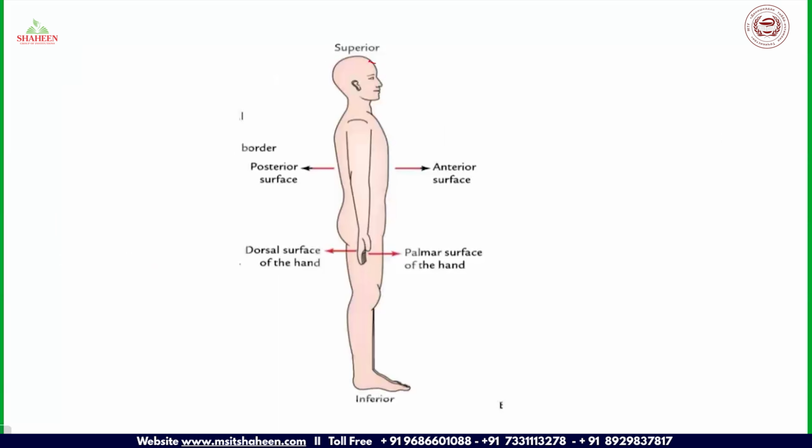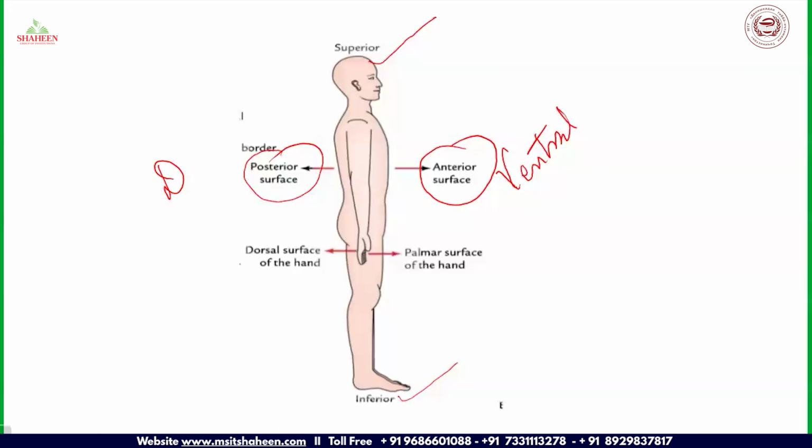This is the superior position, this is the inferior position, this is the anterior surface, and this is the posterior surface. Another term we use for anterior is ventral, and for posterior is dorsal. All right, dorsal and ventral.